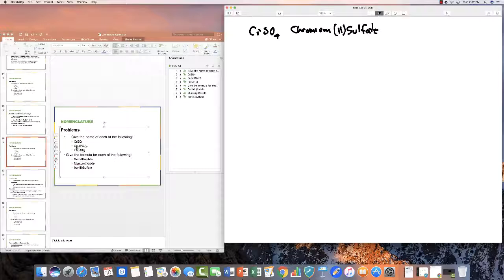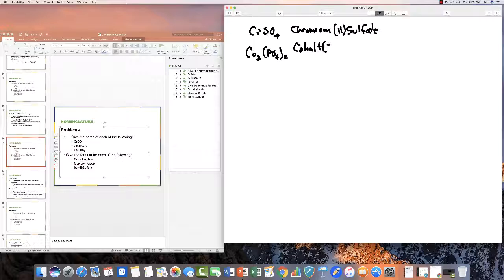This next one, Co, if you look on your periodic table, that's cobalt. And the phosphate, you can look up on the table, is a -3, so this is -6. So if you divide 3 into 6, you see that this has to be 2 as well.